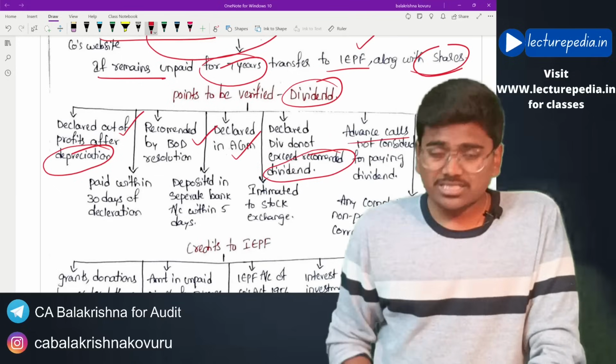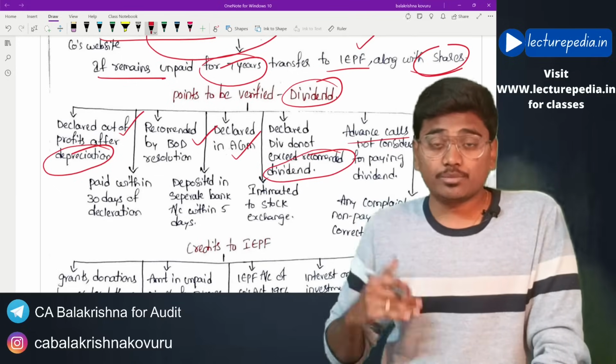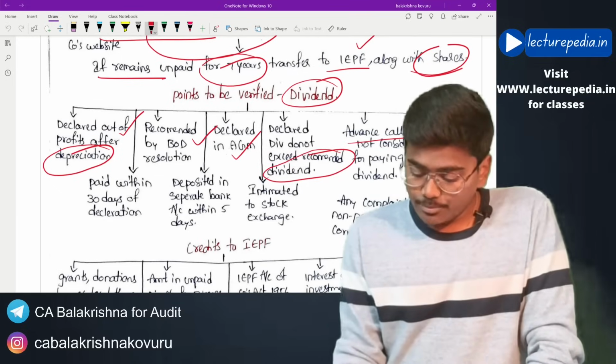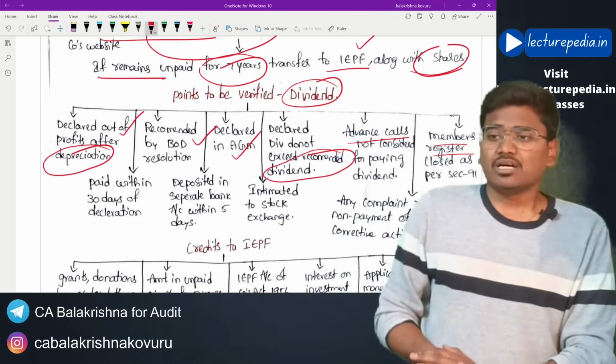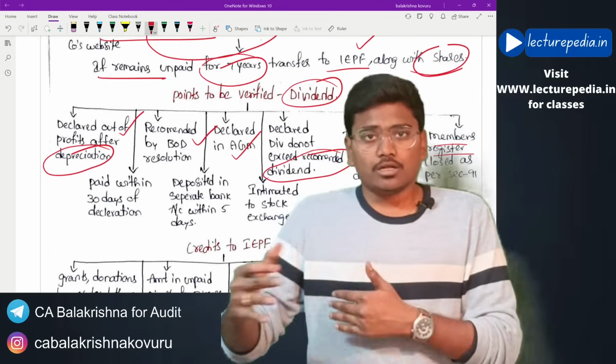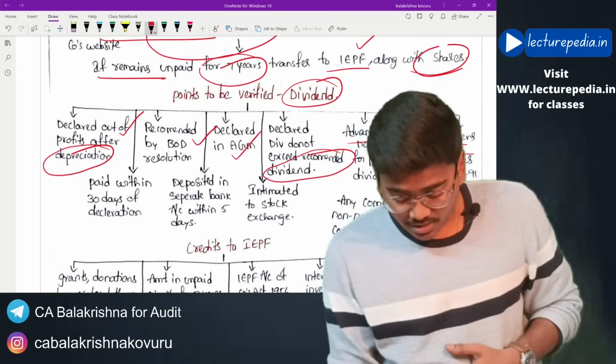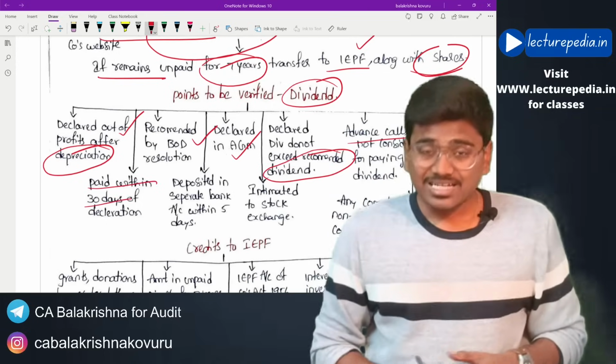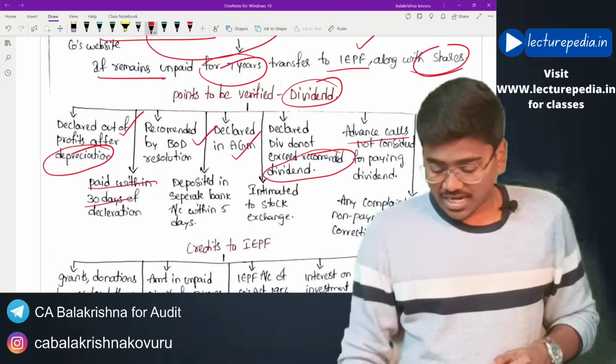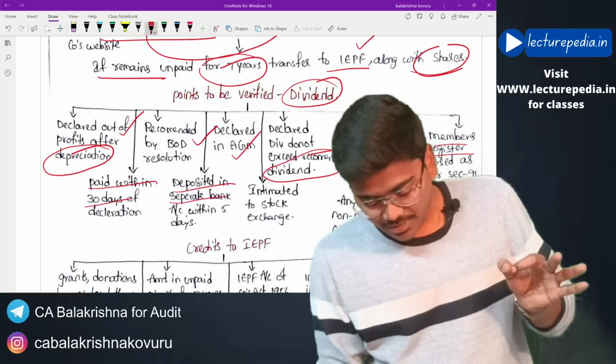Next, advance calls paid should not be considered for the purpose of payment of dividend, and the members register has to be closed as per section 91 for the purpose of calculating the record date. And the dividend has to be paid within 30 days of declaration, and it has to be deposited in a separate bank account within 5 days.